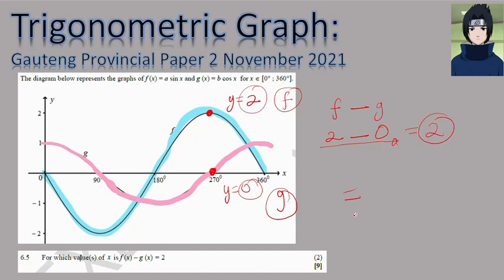Now that's the answer there. So when x is 270 degrees, exactly there, your graph of f minus the graph of g will give you an answer of 2. You see that? Now let's look at another one.